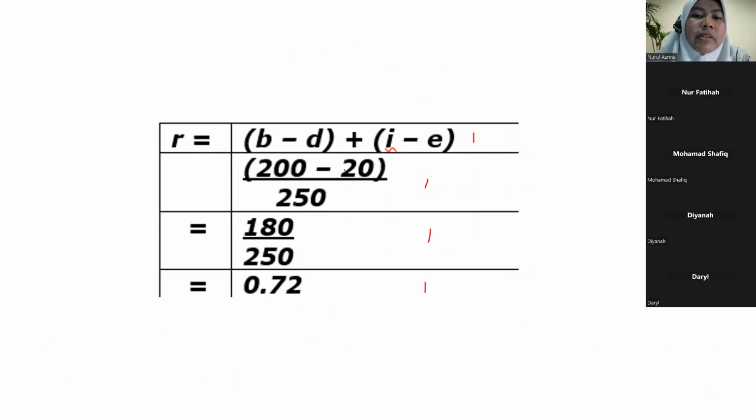So, 200 minus 20 over 250. Right. And plus 0 untuk I minus E. Then you get 0.72. So this is the growth rate for curve P at minute 2.5. So kadar pertumbuhan pada minit 2.5. Itulah kadar dia. Kadar dia 0.72. Okay, macam tu. Alright, next.